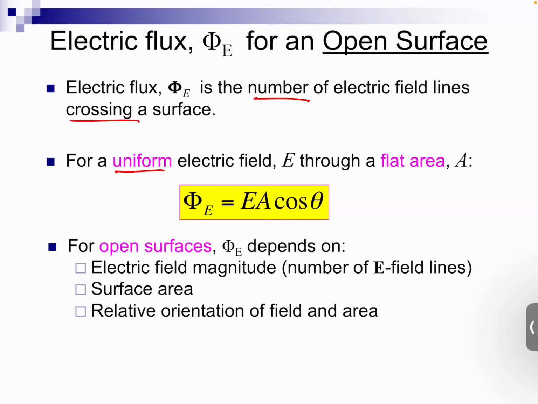If your surface is oriented this way, then all the field lines cross the surface, and you have maximum flux. If your surface is oriented this way, then none of the field lines will cross the surface. Hence, the electric flux will be 0. Okay? And all other angles will have a variable number of electric field lines crossing.